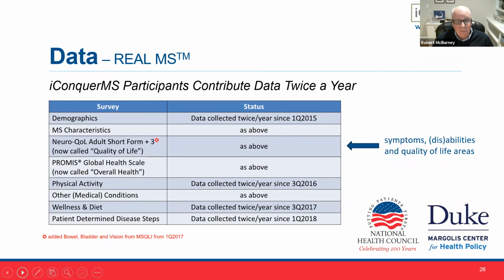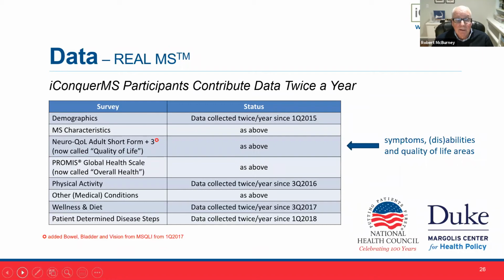Of course, that's just a single point in time for a disease that has a fluctuating nature. And so we'd love to collect data more frequently, and we're actually looking into devices at the moment to make that possible. We collect demographics, the characteristics of people's multiple sclerosis, which, as I said, vary quite widely.